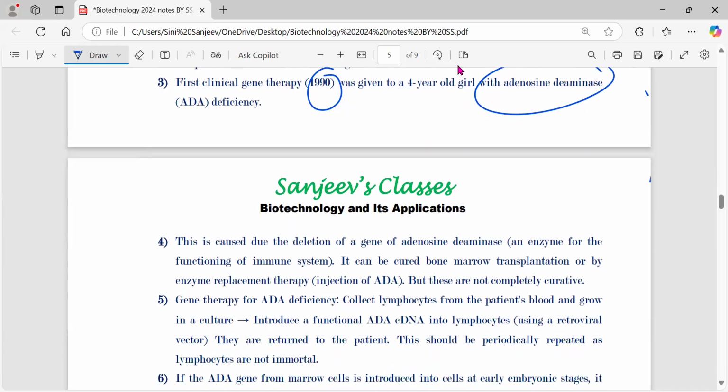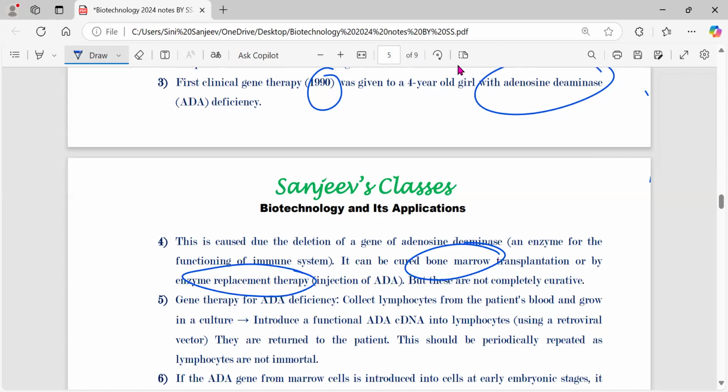One cure for this is transplanting bone marrow, as well as enzyme replacement therapy, which is nothing but giving ADA injections. But even if you do either of the two methods, it's not a complete cure for that particular girl. So for that, there came gene therapy, which completely and permanently cured the ADA deficiency in that girl.